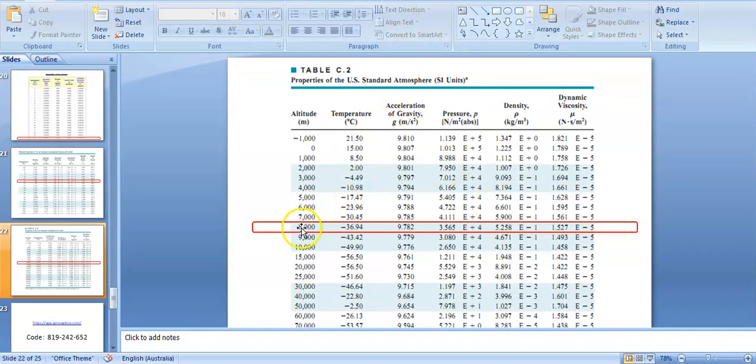If you see here at 8,000 meter altitude, the atmospheric pressure is 3.565 into 10 to the power 4. It's in Newton per meter square, that's the unit. So keep in mind, this is 3.565 and this is the 8,000 meter altitude.